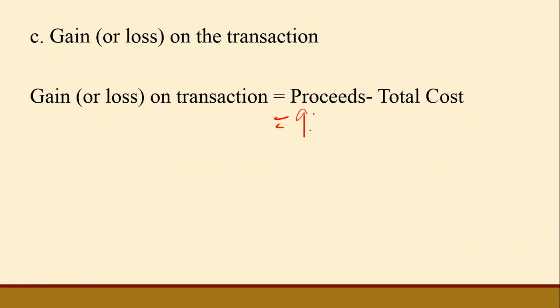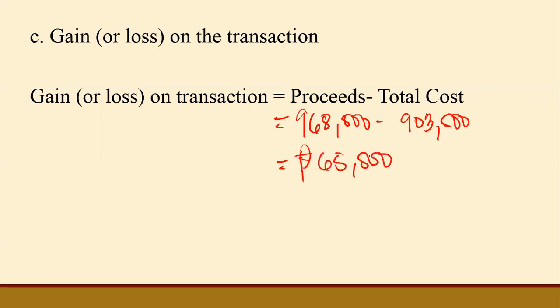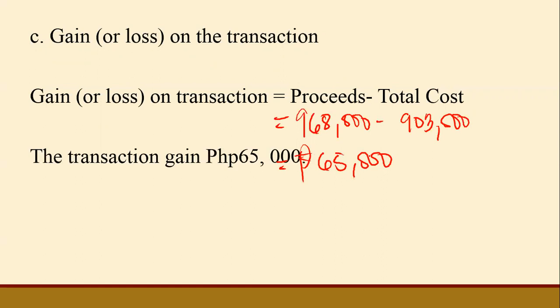The proceeds is 968,000 minus the total cost of 903,000. So this is now equal to 65,000 pesos. So that is the gain. The transaction gain is 65,000 pesos. Understood?